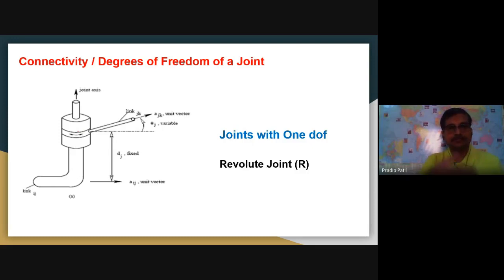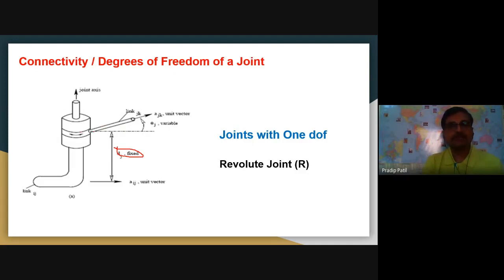This link is moving over the axis, and this offset from some reference is variable. Sorry, this is fixed. Now, when we provide this as fixed, then this link will not move in this direction. It will only rotate about the same location.